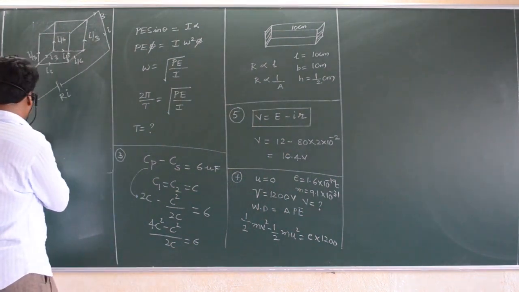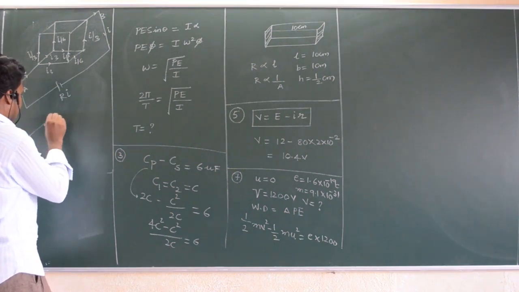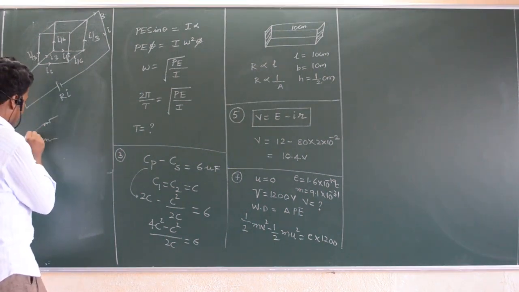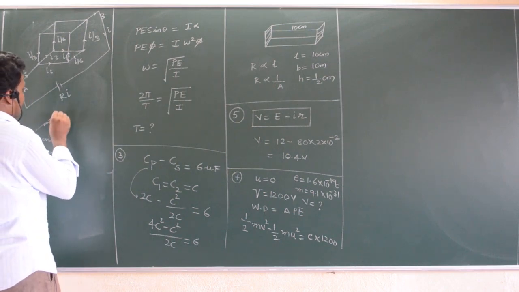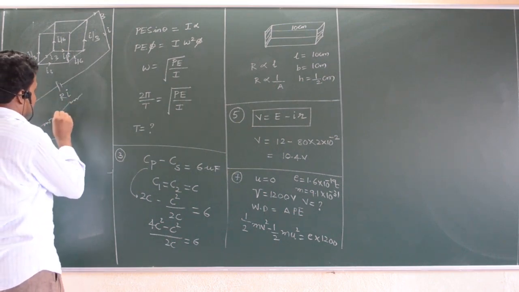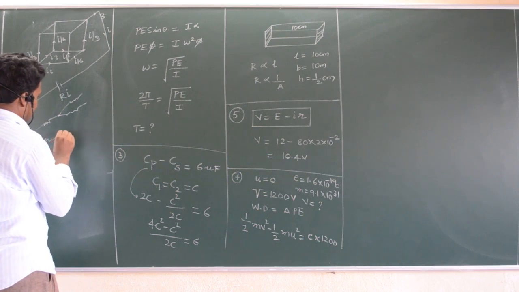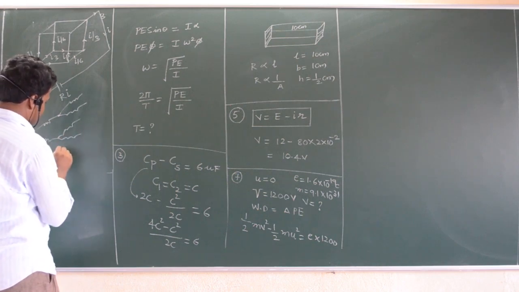From one point you get 3 resistors like this, carrying I by 3. Each point again gives 2 resistors like this.